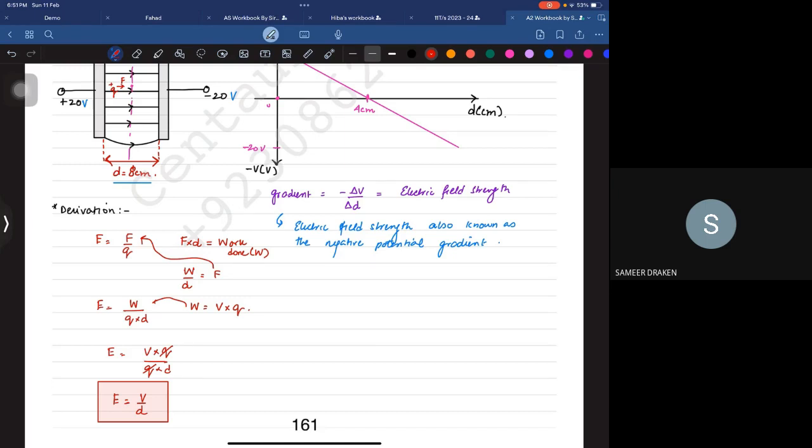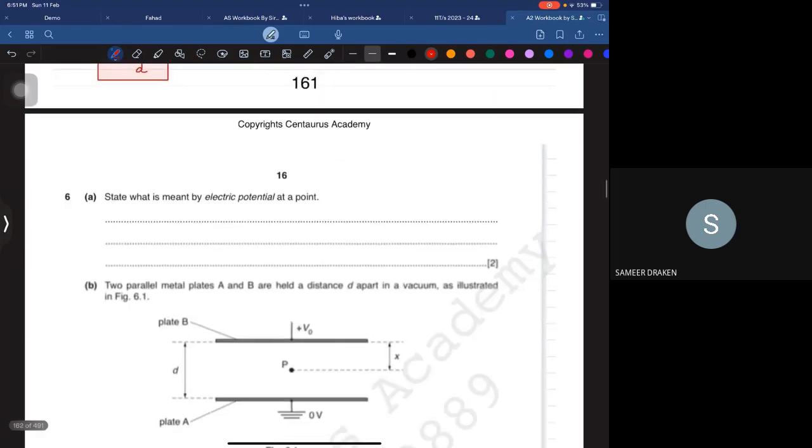So now, basically, I want you to go look at this part. This one I'm going to give you as homework because it just means what is electric potential.